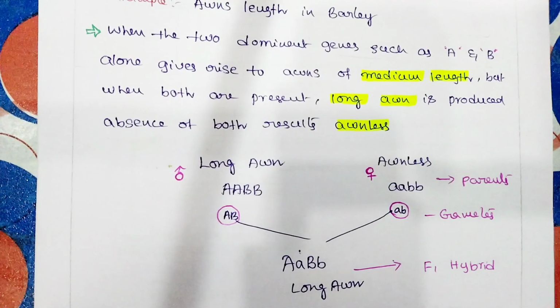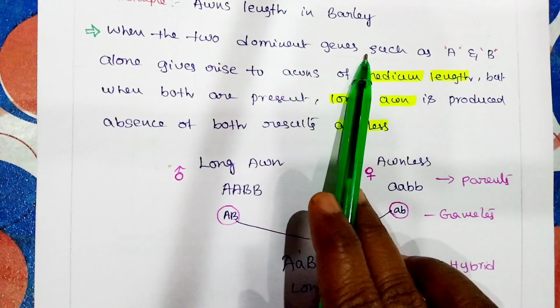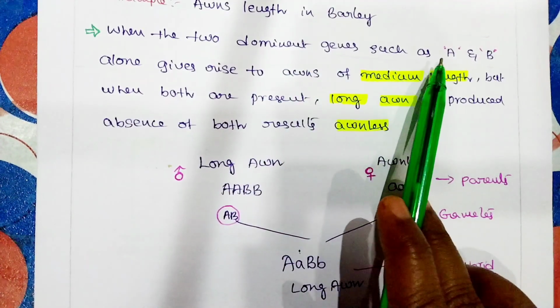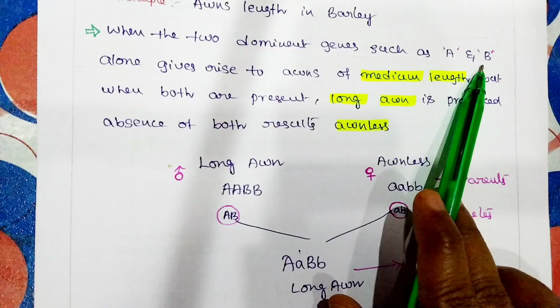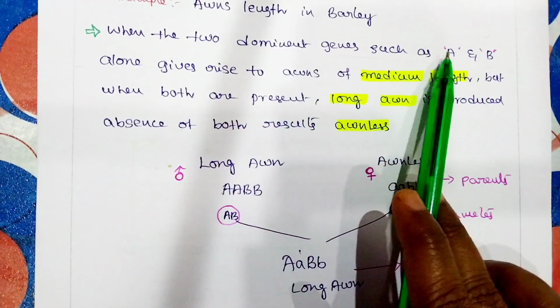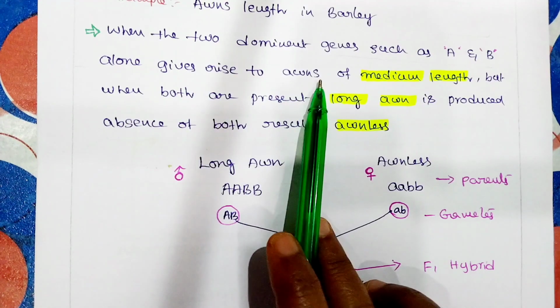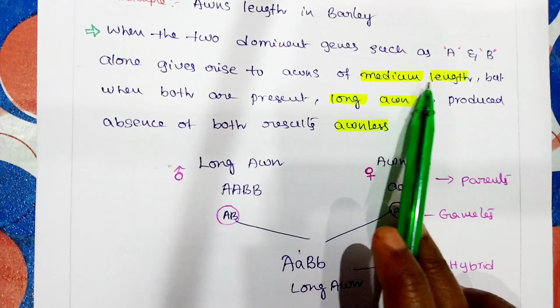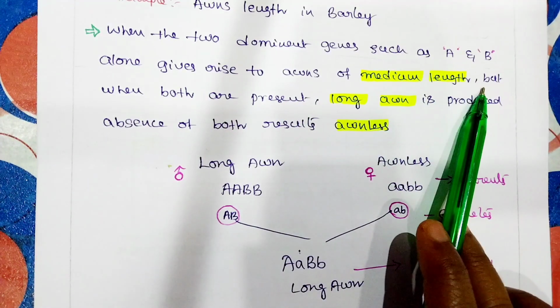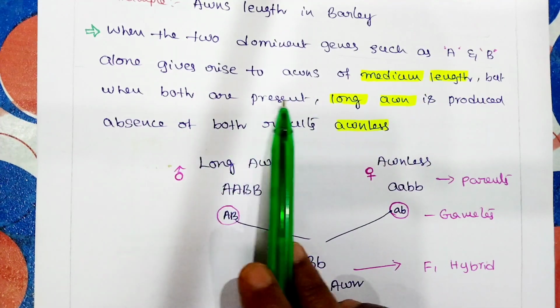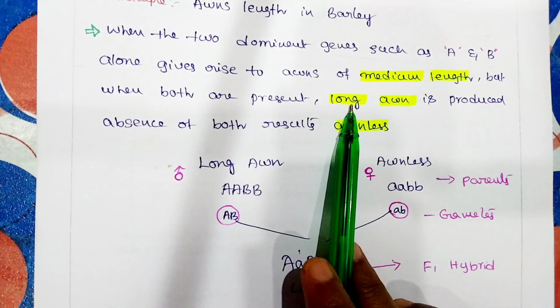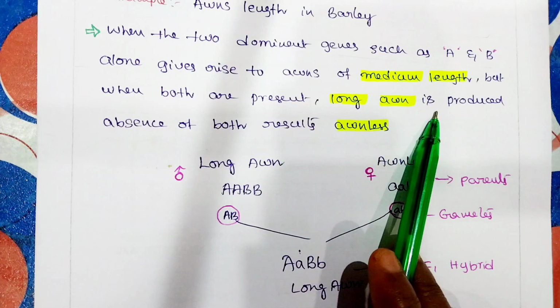When the two dominant genes, capital A and capital B, are present alone, each gives rise to awns of medium length, but when both are present, long awn is produced. Why?